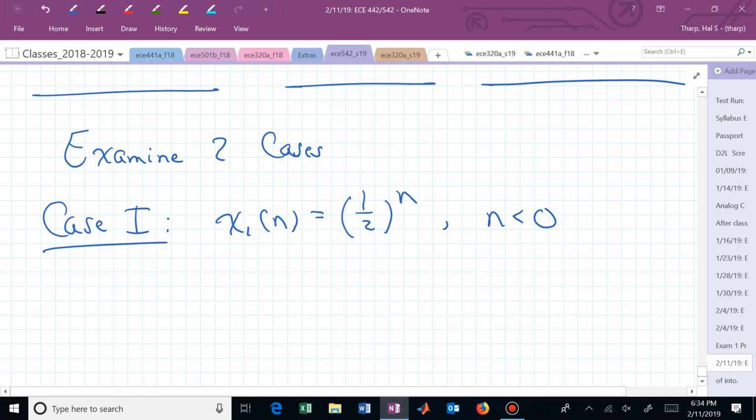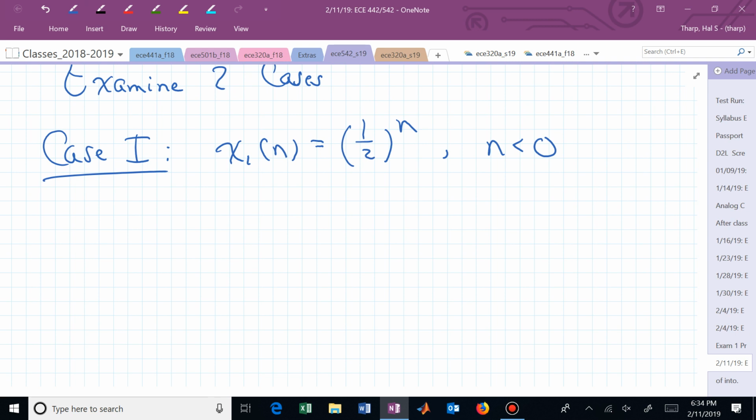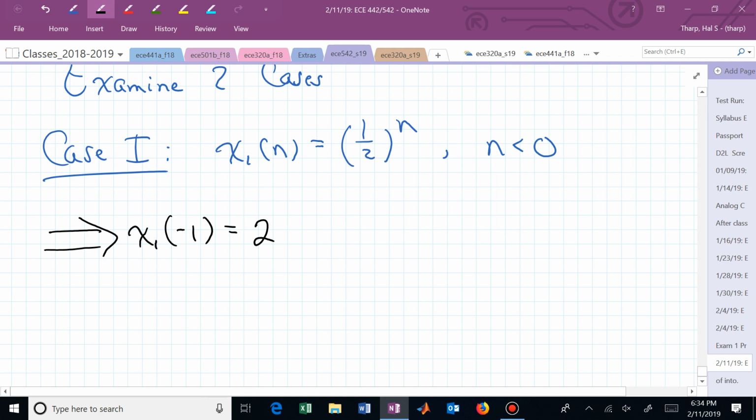Just to give us an idea what we're playing with, what does this look like? Little x of minus 1, what's that look like as a value? It's 2. It's 1/2 to the minus 1, or 2.